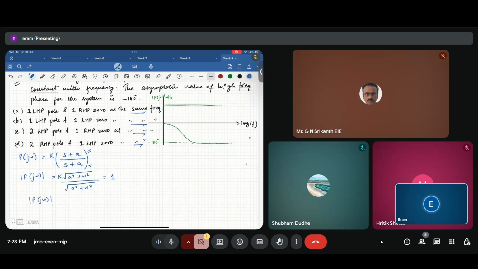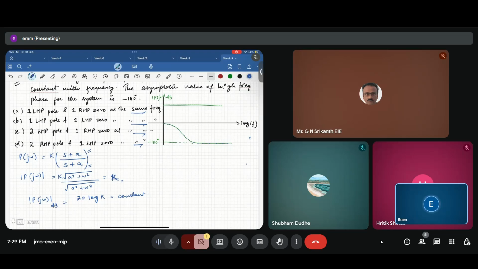So the final magnitude will be k, and in dB we would have 20 log of k, which is a constant number.